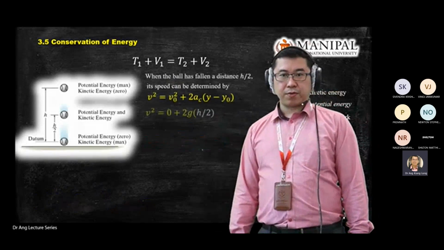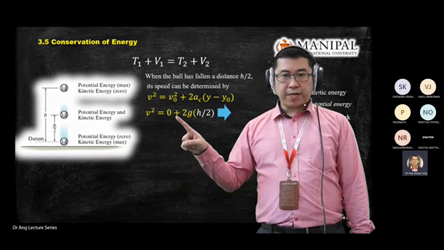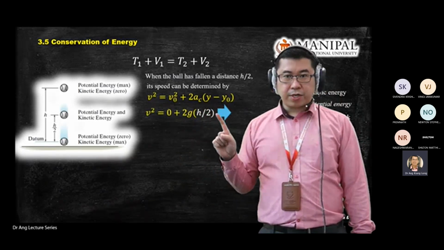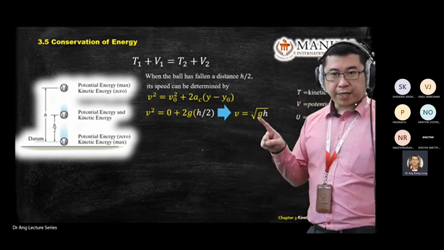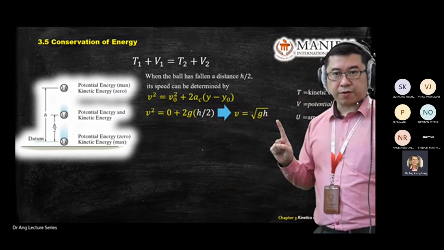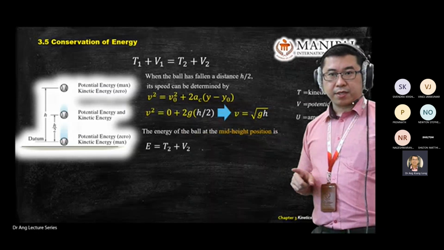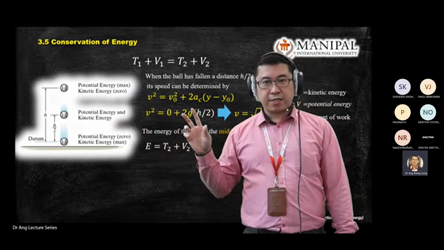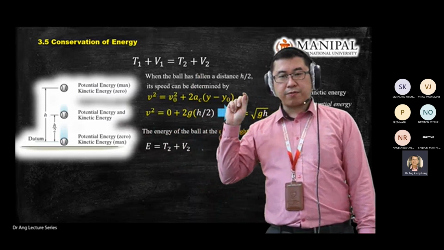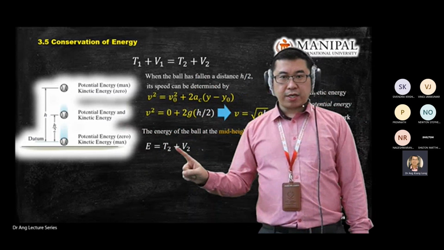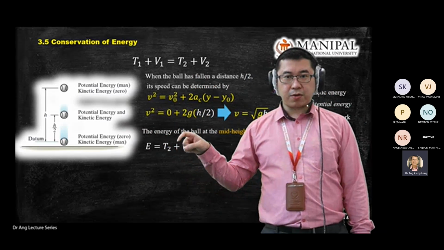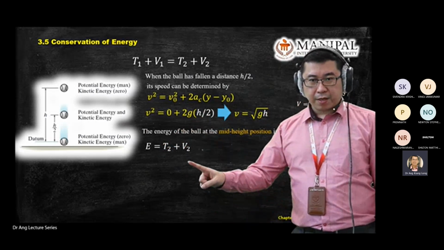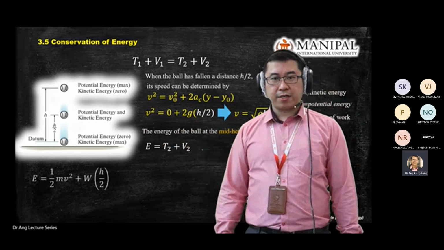So just continue. We already found just now that V equals square root of GH. So go back to the energy equation at that position. By using conservation of mechanical energy, total energy in the system equals the kinetic plus potential energy.